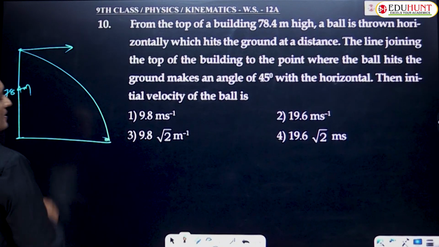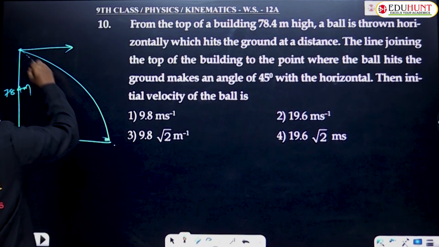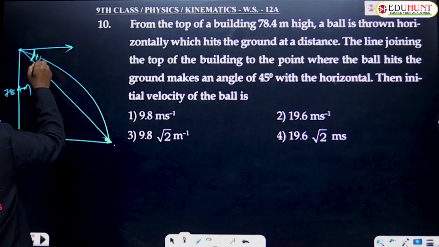The line joining the top of the building to the point where the ball hits the ground makes an angle of 45 degrees. How much angle is it making? 45 degrees.